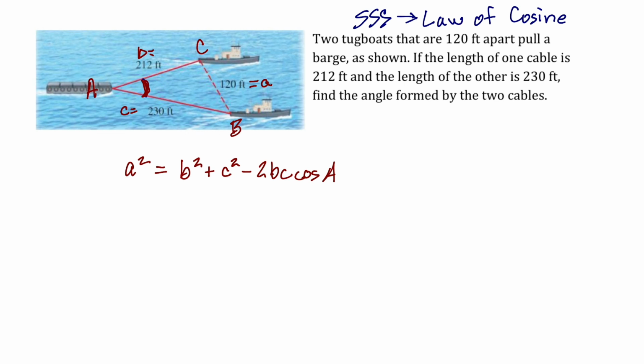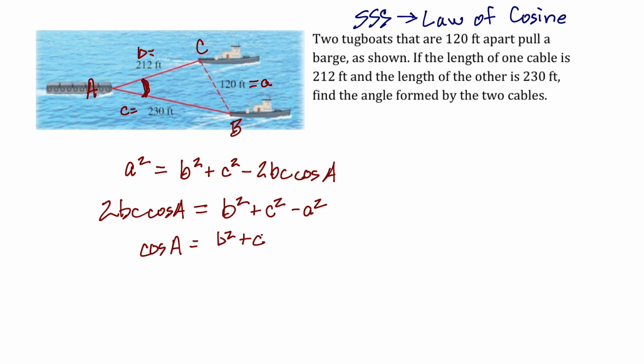So I'm going to move 2bc cosine A to the left-hand side, and then I'm going to move a squared to the right-hand side. And then I'm just going to divide both sides by 2bc. So cosine A ends up being b squared plus c squared minus a squared divided by 2bc.